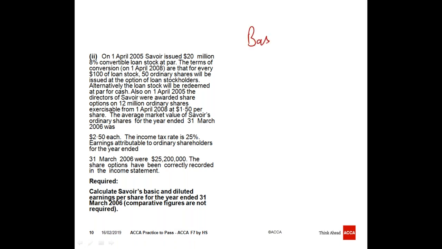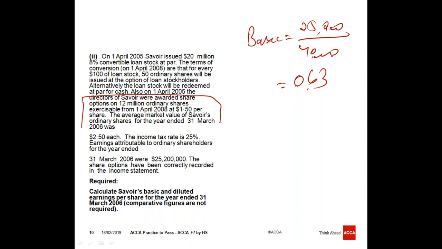Now the basic EPS assuming is 25,200 divided by 40,000. The basic EPS is 0.63. Now if the examiner has given you the share options, so you will get share options.